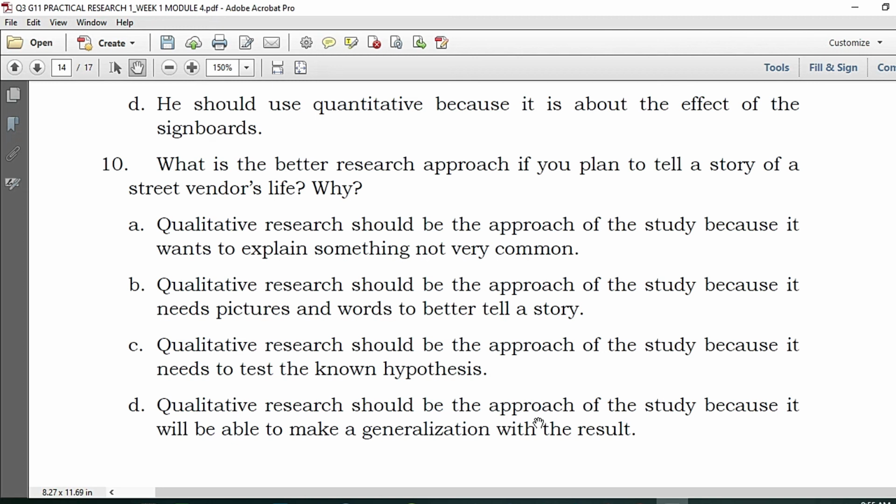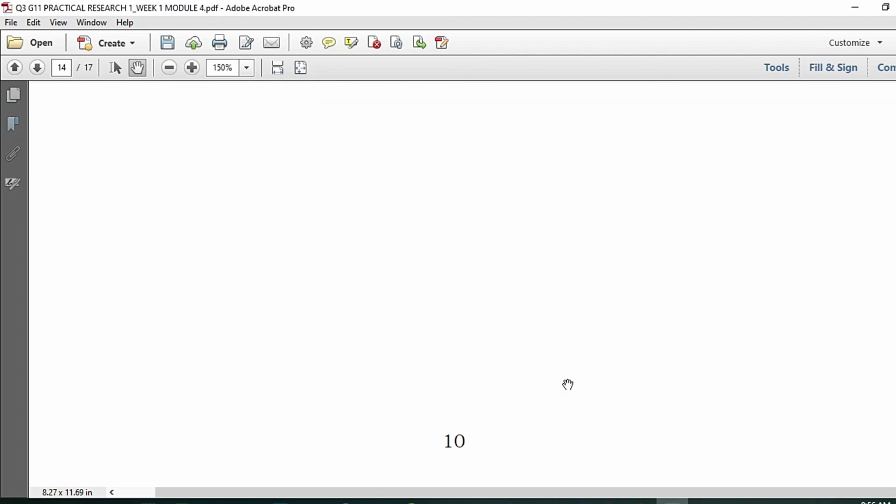C. Qualitative research should be the approach of the study because it needs to test the known hypothesis. D. Qualitative research should be the approach of the study because it will be able to make generalization with the results. Okay, what's your answer? Answer is letter A.